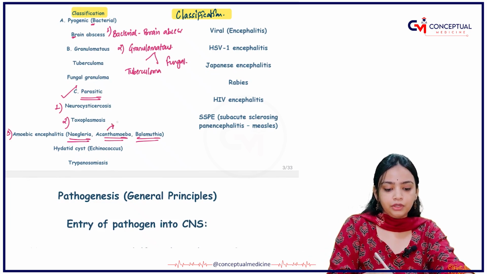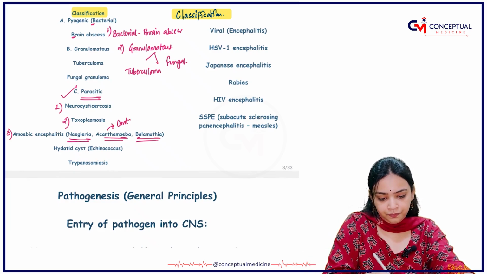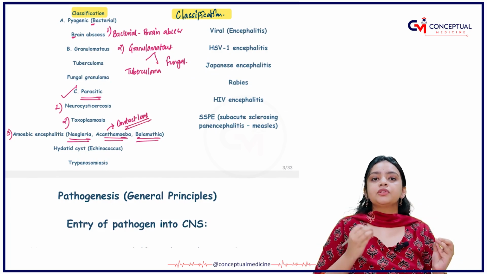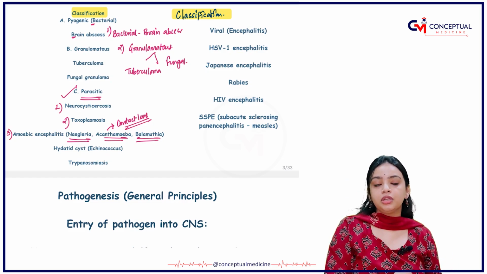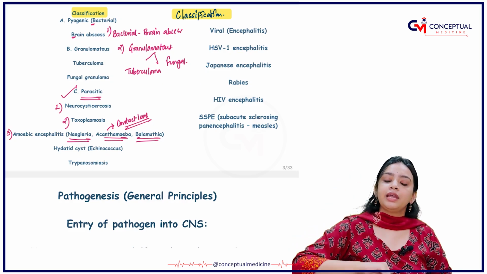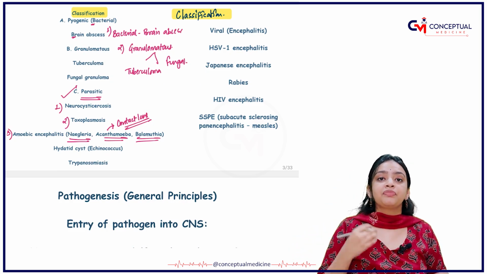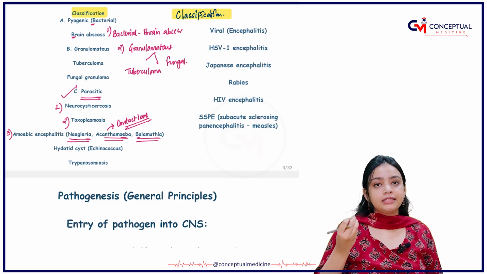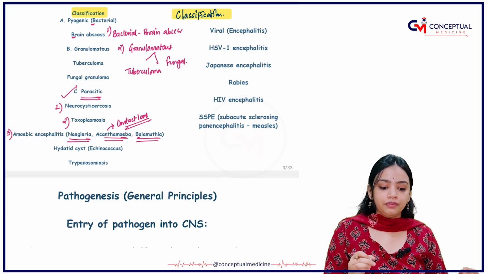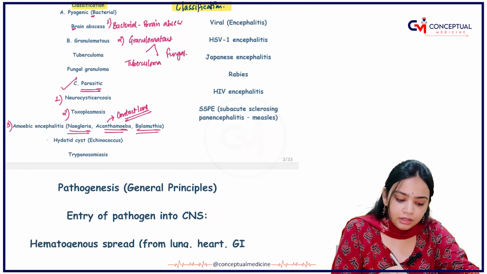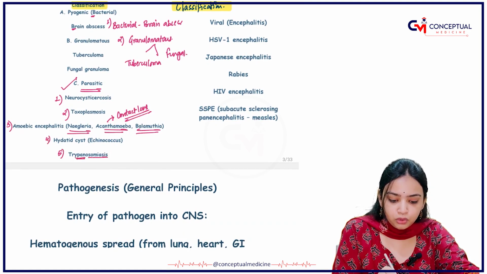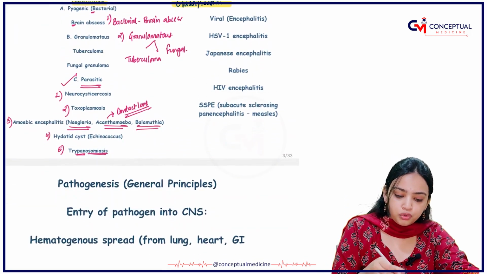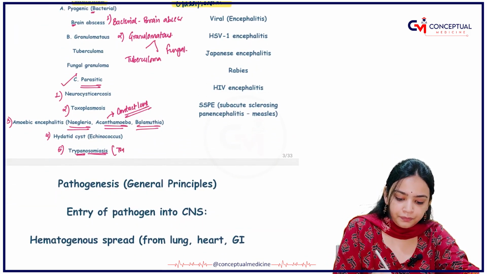Acanthamoeba is seen when a person wears contact lenses without proper sterilization, washes that contact lens with tap water, and wears it again, then he develops this kind of infection. Next is the hydatid cyst and fifth one is trypanosomiasis, that is due to the trypanosomes.